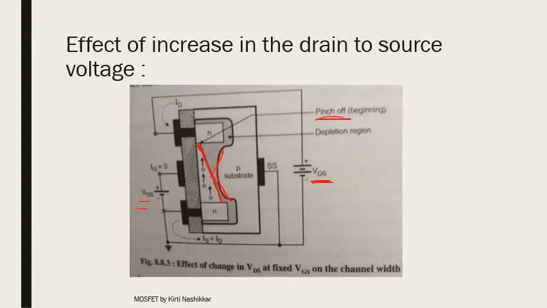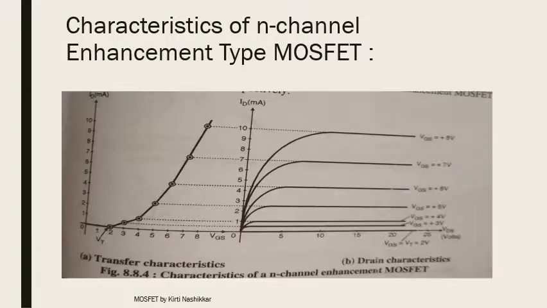So that will be again explained in the characteristics of enhancement type MOSFET. Again there are two characteristics: transfer characteristic plotted between VGS and ID at constant VDS, and drain characteristic plotted between VDS and ID at constant VGS. Okay, and this is that saturation level as you can see here.